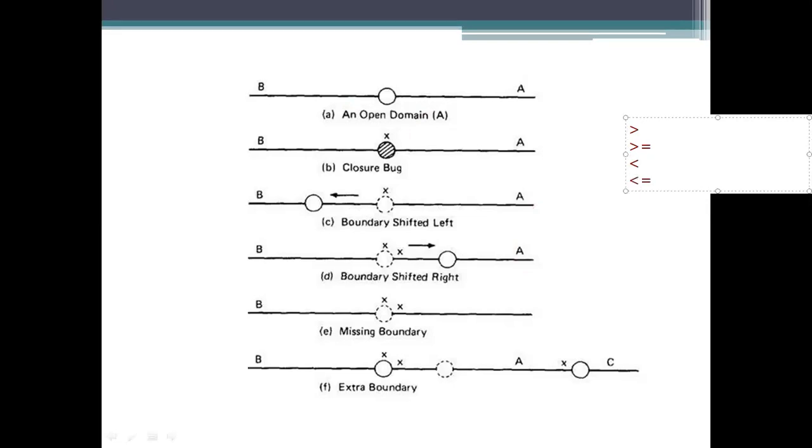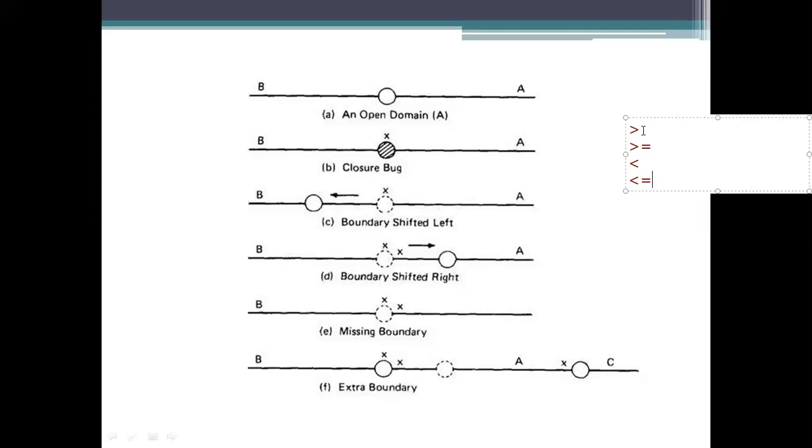Here, the closure means greater than, so we can't include the value which makes it equal. So here the domain is open, meaning we are allowing the values, provided that the boundary we are representing will detect the error.